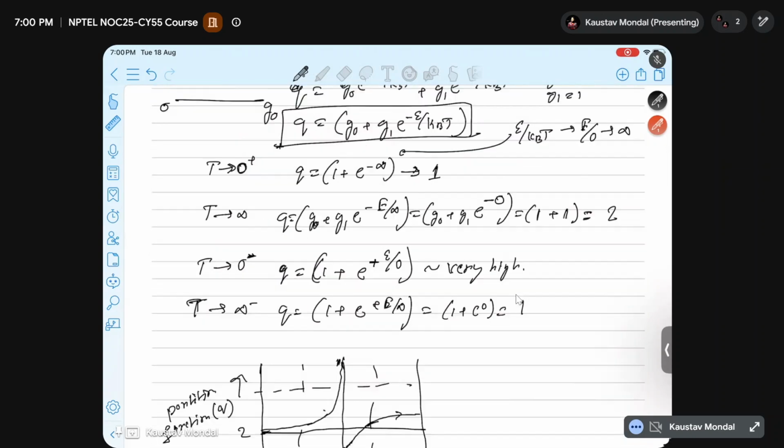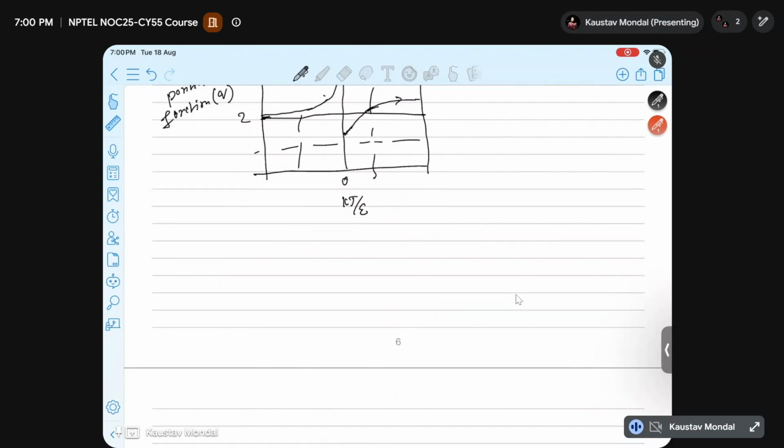Graphically we have seen this. Now we'll move towards the case of the internal energy.